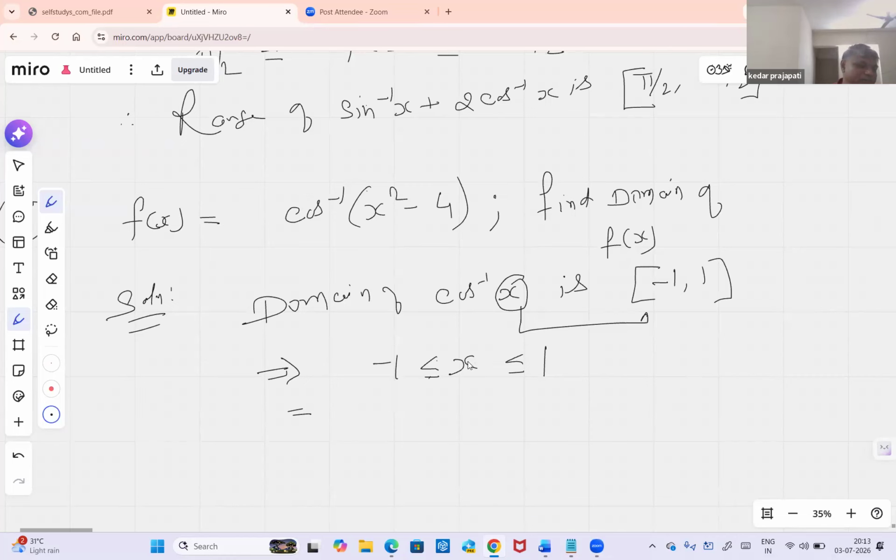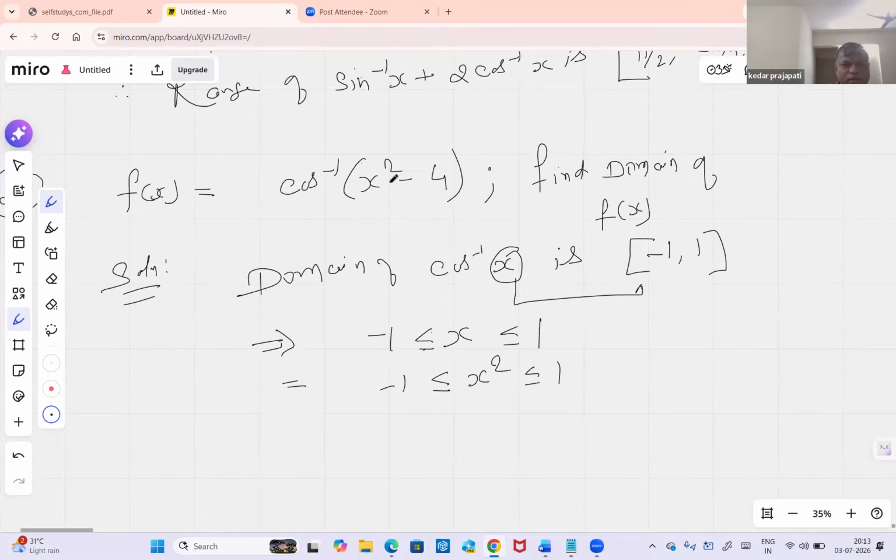Now I'm squaring it. X square. This side will not change. Now what I have to do? X square minus 4. So I need to subtract 4.